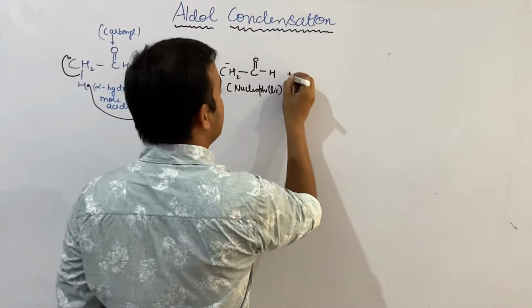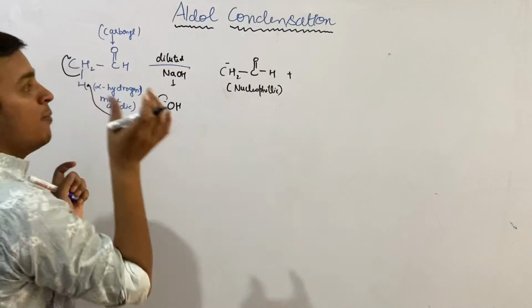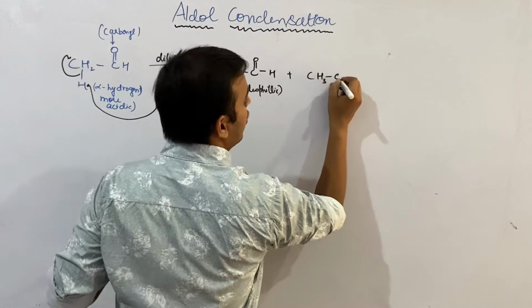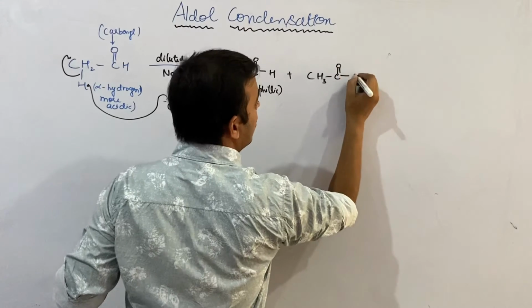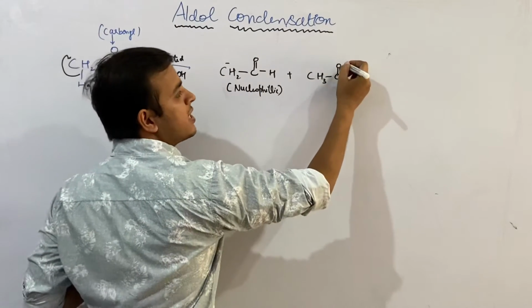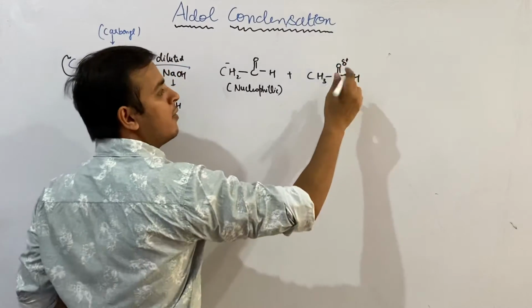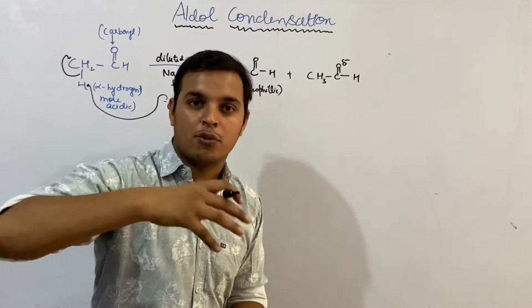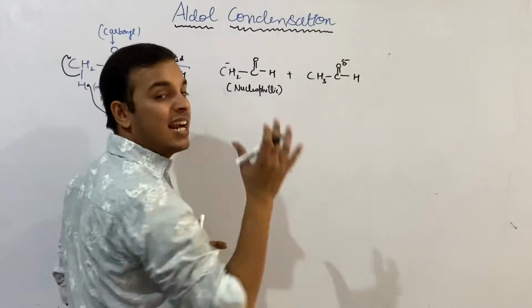Here in the same solution, another acetaldehyde molecule is also present. Oxygen is electronegative, so it abstracts the electrons towards itself and has a partial negative charge.